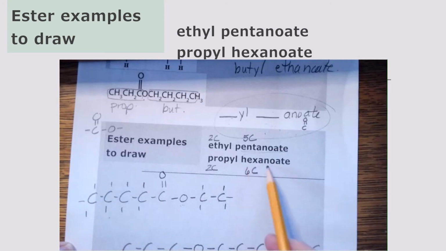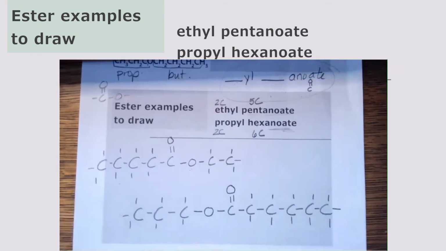The double bond O is attached to the anoate, so that's the chain of 6. So that's this one. Then we go in and fill in all of our hydrogens. Remember, if you don't fill in the hydrogens, your drawing, your sketch, your structural diagram is incorrect. You must put in the H's. All right, there we go. That's esters.